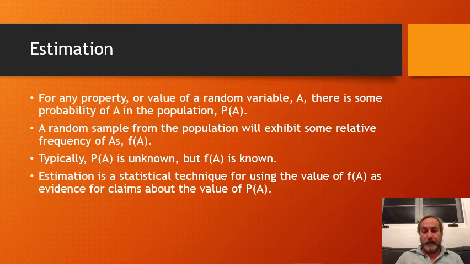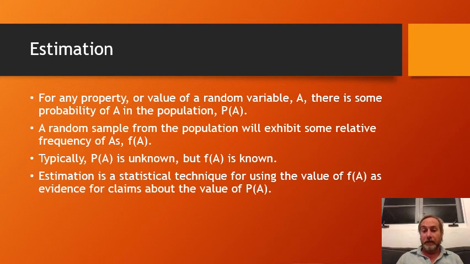Okay, this gets a little mathy for a second here, but stick with me. I'll try to take it slow. For any property, or we could also say value of a random variable, call that variable A. There's going to be some probability of A in the population. We'll call that P(A). So in the United States, there's some proportion of smokers that are male.